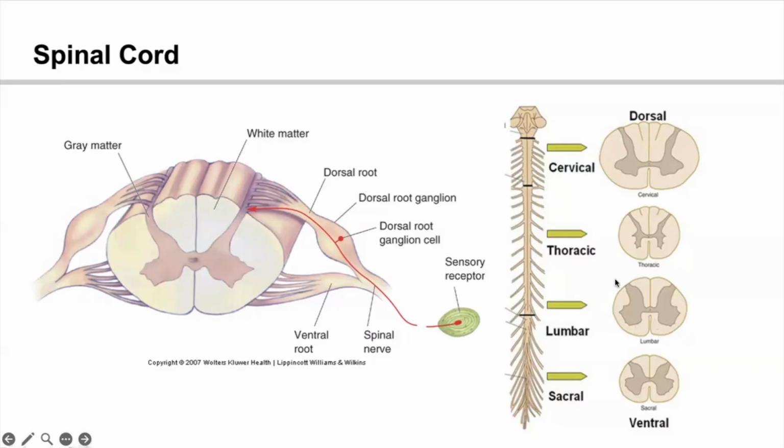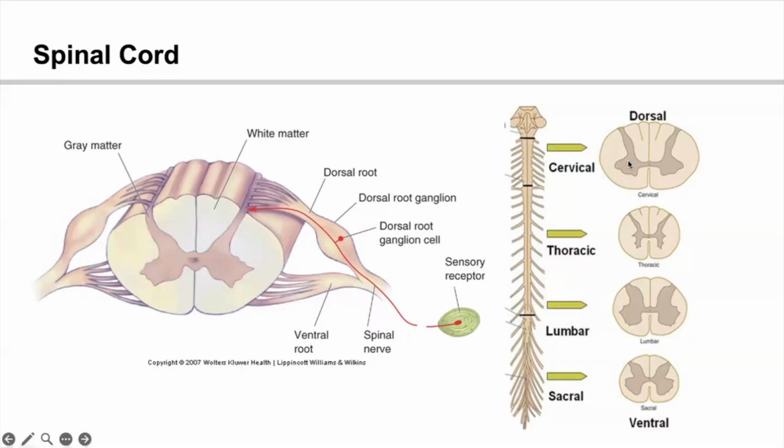Each of these sections, structurally, looks a little different. What is different here? If you look from the cervical region to the sacral region, the white matter is largest here in the cervical region, and it gradually decreases as we go into the sacral region.